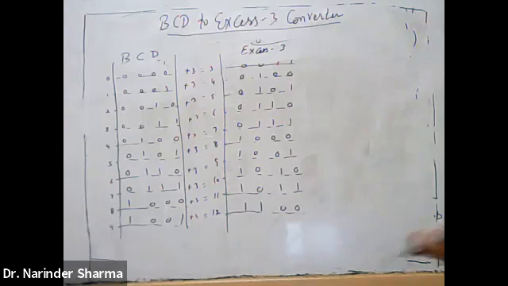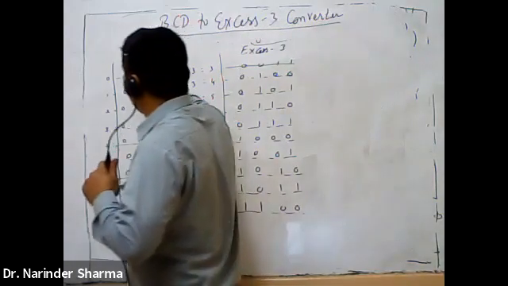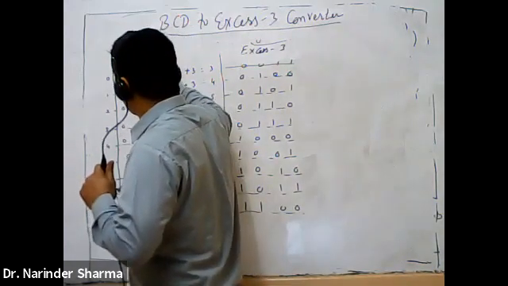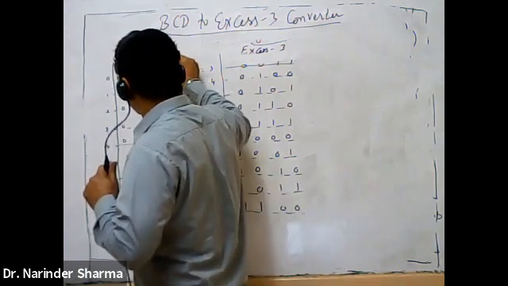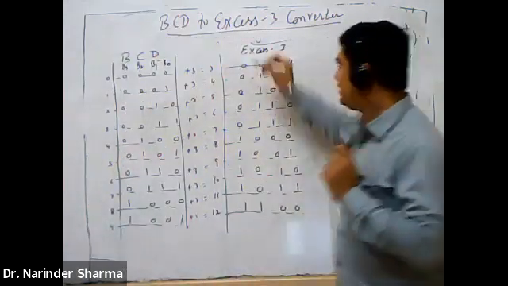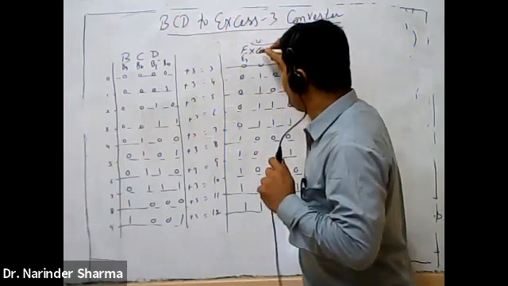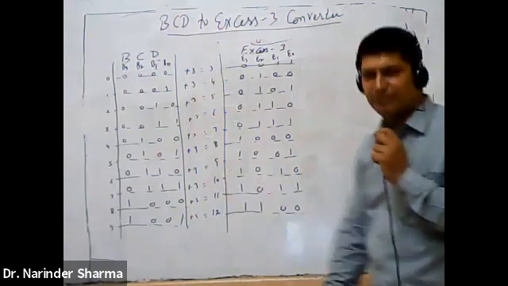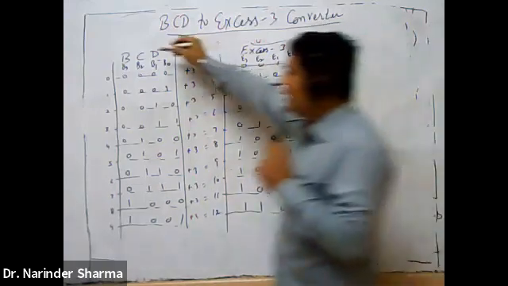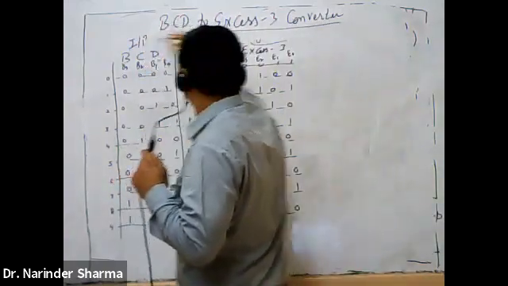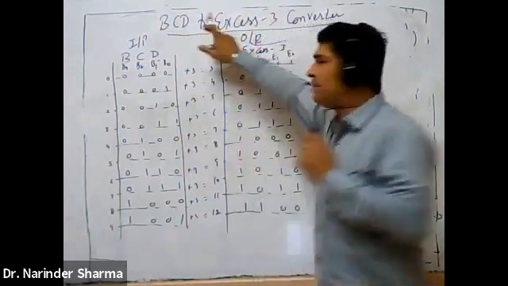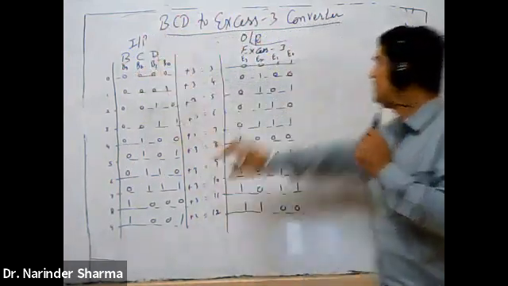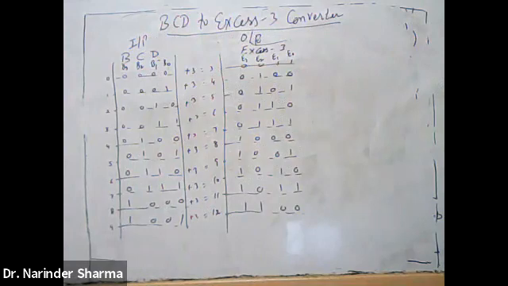Under BCD, write B3, B2, B1, B0. Under Excess-3, write E3, E2, E1, E0. You can write anything, this is just the name. This is your input and this is your output. BCD is the input, Excess-3 is the output.